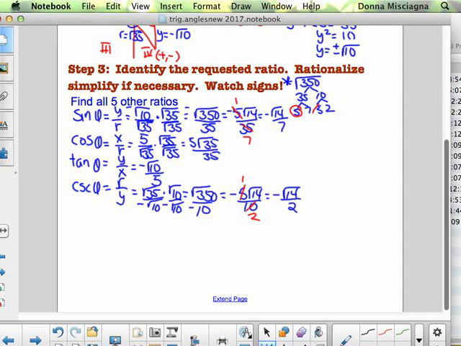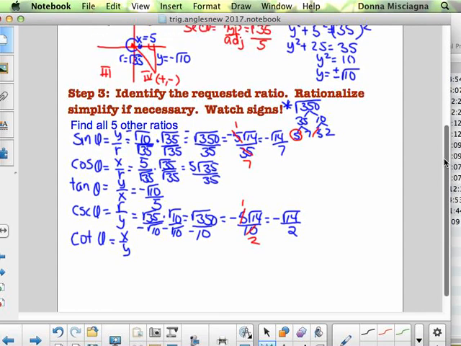All right, and so now we have cosecant done, and we only have one left, and that is cotangent because we already know what secant is. We were given that. And cotangent is just x over y, which is really hard to see now that our board is kind of moved up. So that is going to be 5 over negative square root of 10, and we're just going to rationalize that.